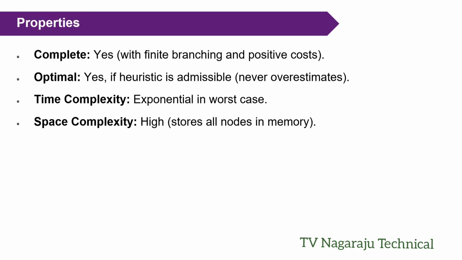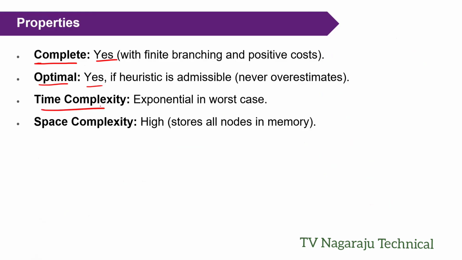Before going to the example, what are the main properties for deciding whether any algorithm is best or worst? Based on these properties: complete means the A star algorithm always produces some solution. Optimal: if you are selecting the best heuristic value, it always gives the optimal solution.